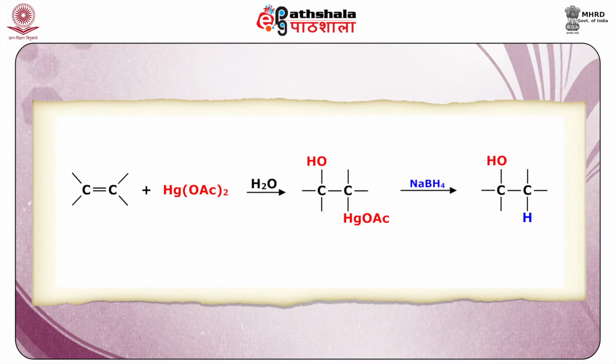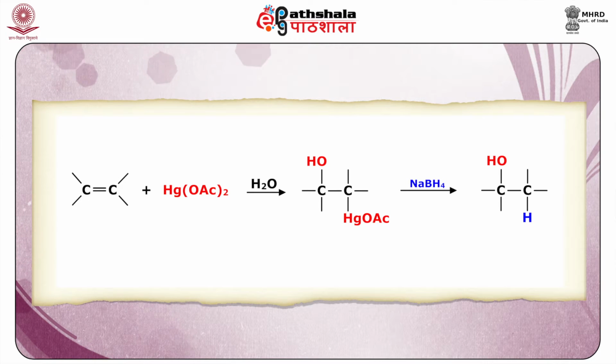So, you can see here in this equation the alkene is reacted with aqueous mercuric acetate, and as a result there is a formation of addition product, you can see OH and HgOAc. Mind it, out of these, HgOAc is the electrophile and OH minus is the nucleophile.